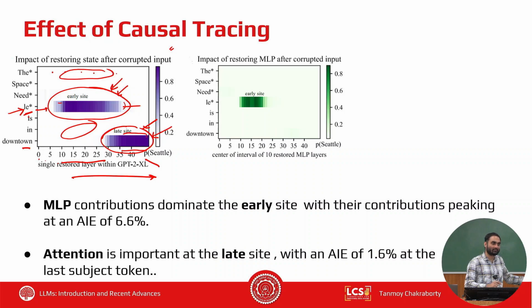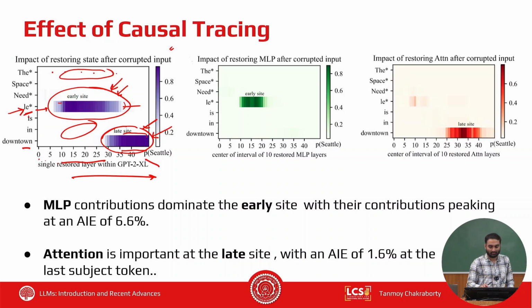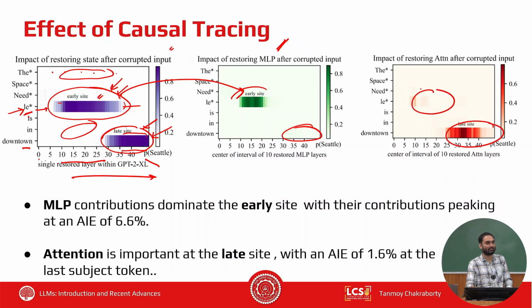Similarly, they copied attention from the clean version to the corrupted part. And they observed that when they restored MLP, this early site was very prominent, not the late site. Whereas when they restored attention, the late site is prominent, not the early site.